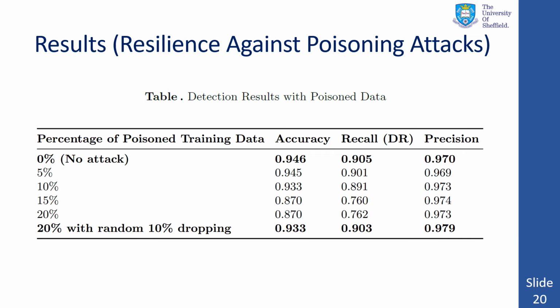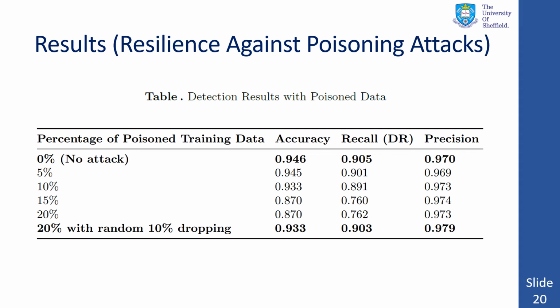We started with the case with no poisoned data in the training data, which means there is no attack. We then increased the percentage of poisoned data from 0 to 20%. As you can see, as the percentage of poisoned data increases, the accuracy and recall drop. So we need to have a solution for that.